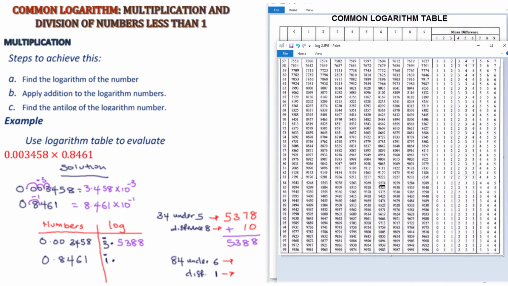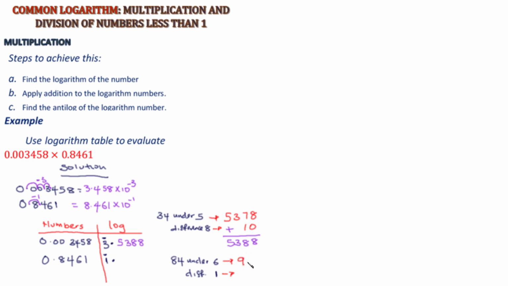In difference of 1, that is 1. Then the value is 9274. Let's come to our board. 9274, difference of 1 is 1. Then we add together: 4 plus 1, 5, 7, 2, 9. Then this is the fractional part, 9, 2, 7, 5.